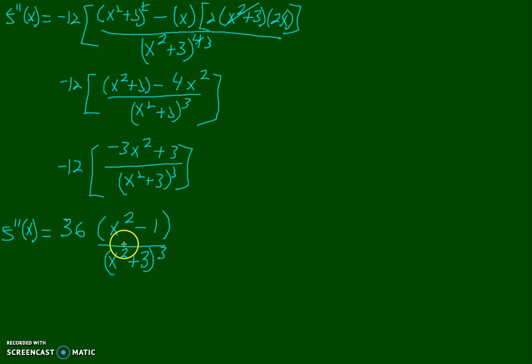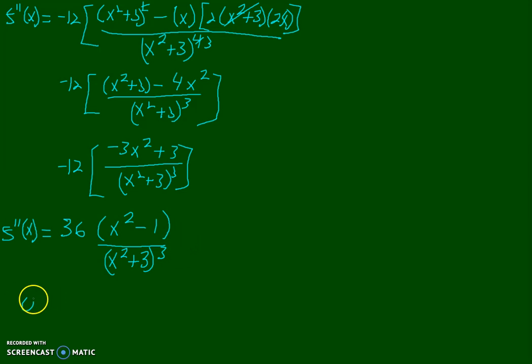Now, it made sense because we were looking for an expression where the second derivative is positive and negative. It's going to change from positive to negative where the second derivative is 0, obviously. So that was our test for concavity. So let's take a look and see where this function is 0.